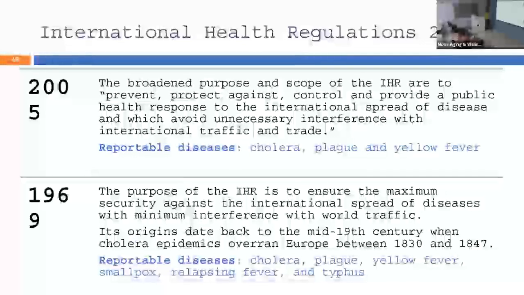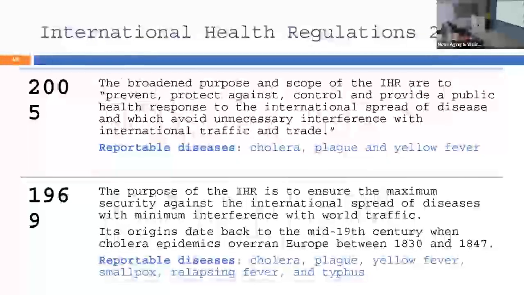In 2005, the scope was broadened to include anything that could constitute a public health emergency of international concern. And the idea is that they want to prevent, protect and control diseases or health events so that they won't have international spread and there won't be any unnecessary interference with international travel and trade.